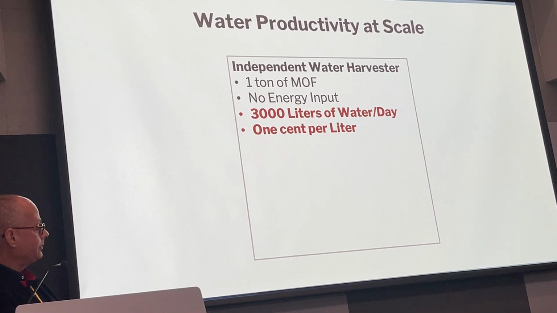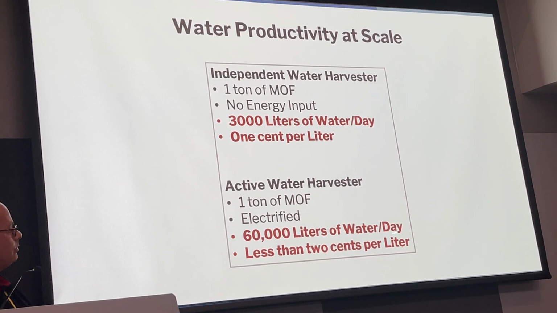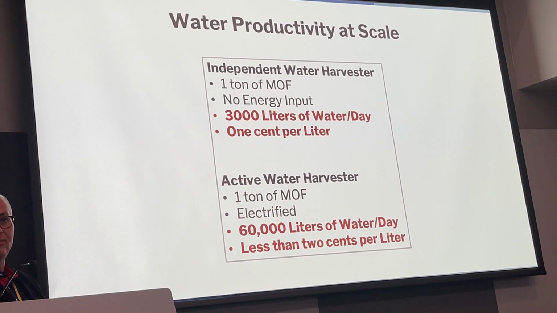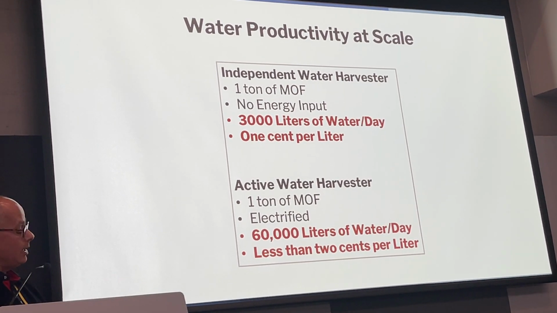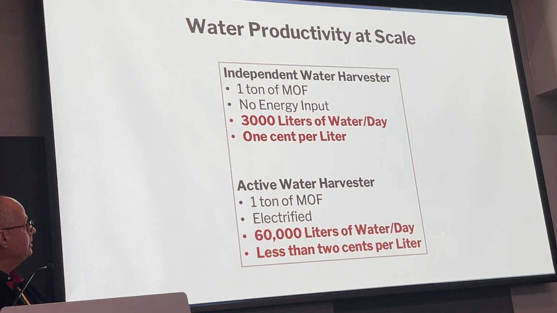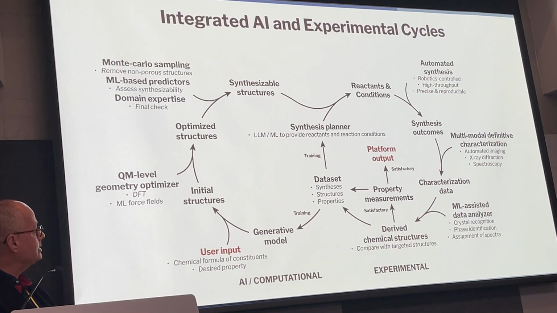And if you want to electrify it, it's 60,000 liters of water per day, every day, for 6 to 7 years. So this is another problem that we are addressing, and it looks pretty impressive and close to commercialization.